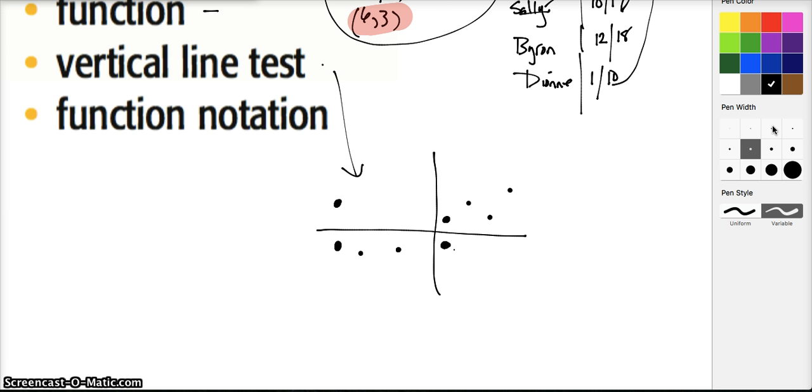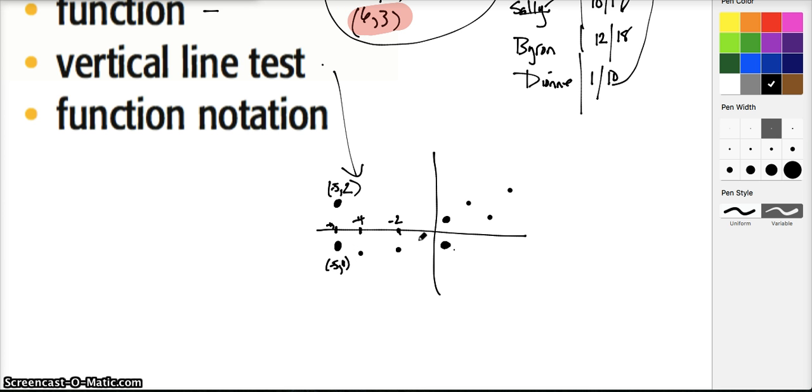What I want you to observe is that these points all have ordered pairs. Let's say this is -2 and this is -4 and this is -5. Notice that this would be -5 with some y value, let's say 2, and this is -5 with some y value, 1.